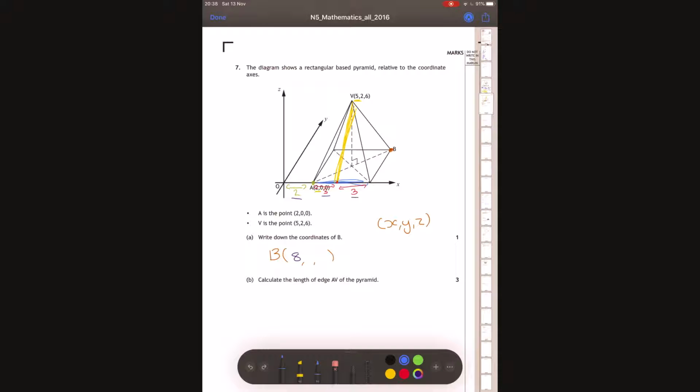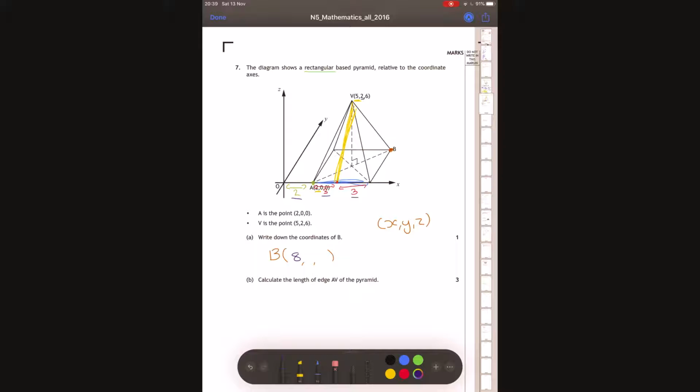Well, what is B on the y-axis? Be careful here. It's not a square-based pyramid, guys, because if it was square-based, we would just say it was 6, because this and this are the same. But they're not, because the question told us it's rectangular. So how do we find that? We need to look at this V again.